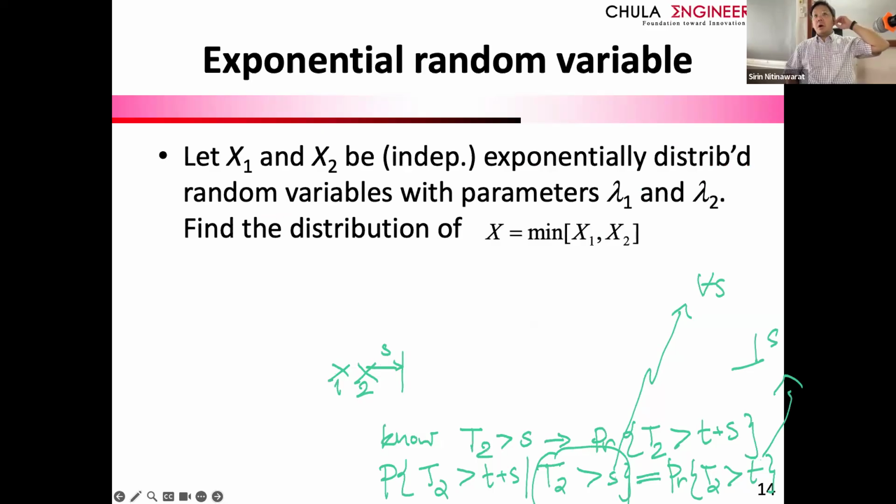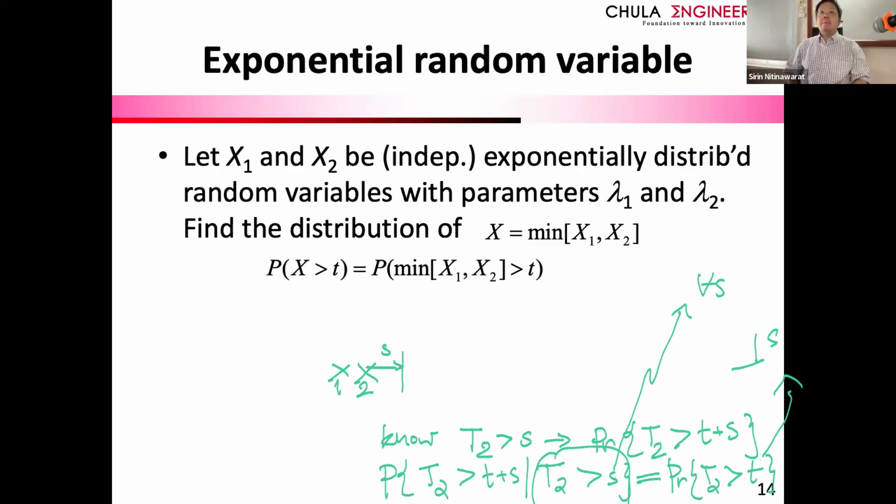So now that we know all the inter-arrival times are identically, independently, and exponentially distributed with the same parameter, you can use some byproduct of independent exponentially distributed random variables to say something, for example, about the minimum.